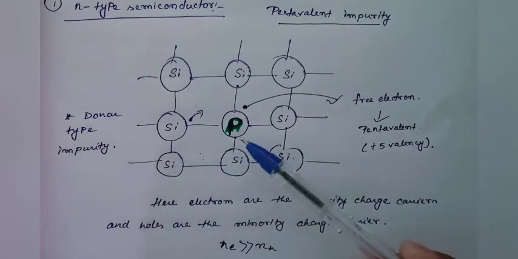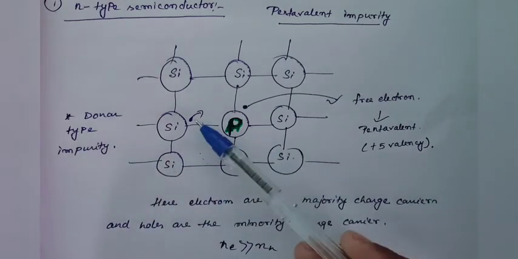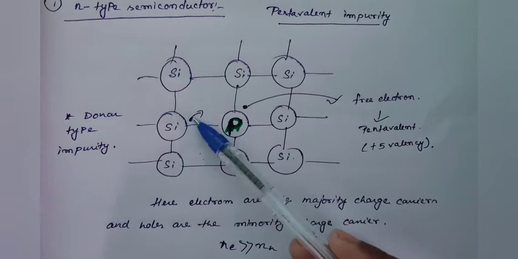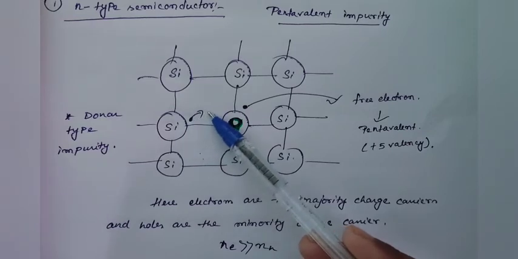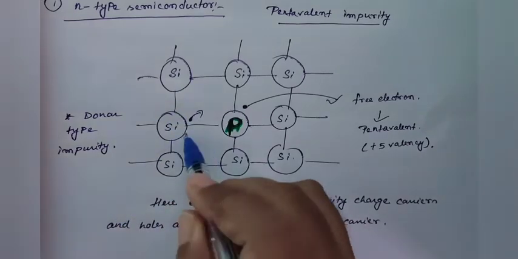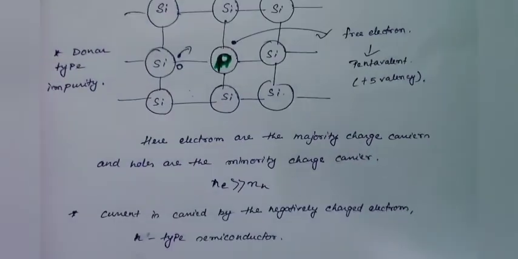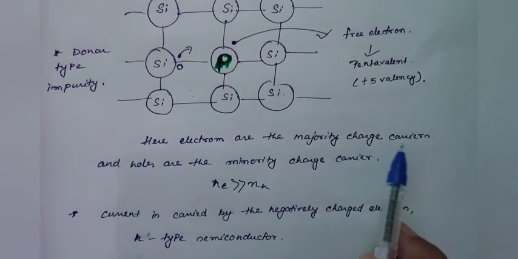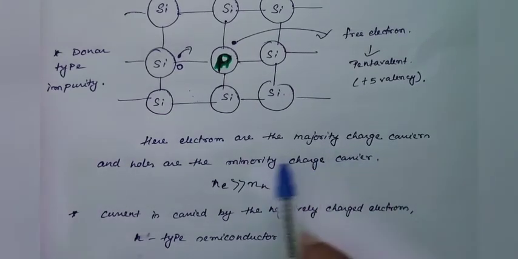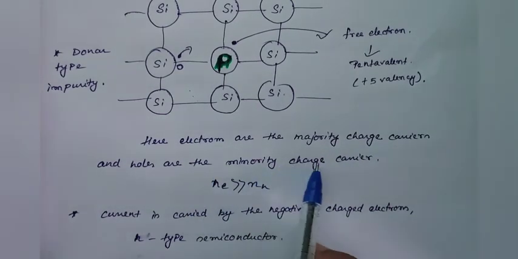Now if I increase the temperature, electrons will be freed from their covalent bonds, creating holes. So here electrons are the majority charge carriers and holes are the minority charge carriers.